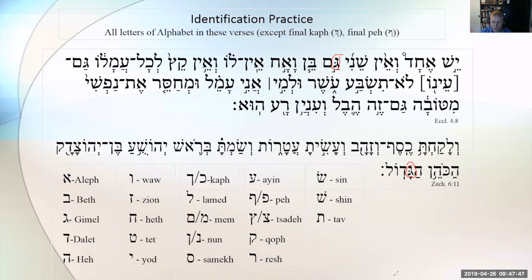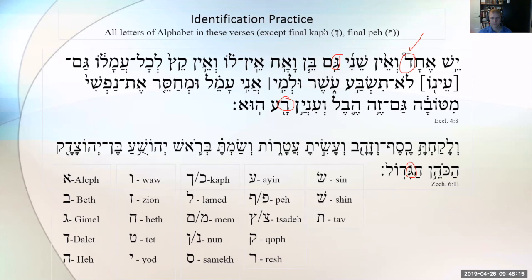Both of these verses should have all of the letters in one form or another. So then we have dalet. Here's a dalet, and be careful with this one because it looks very similar to the resh. So this is the dalet up top. Look at the resh down here. That's very similar. The dalet has that little tick on the upper right hand side.